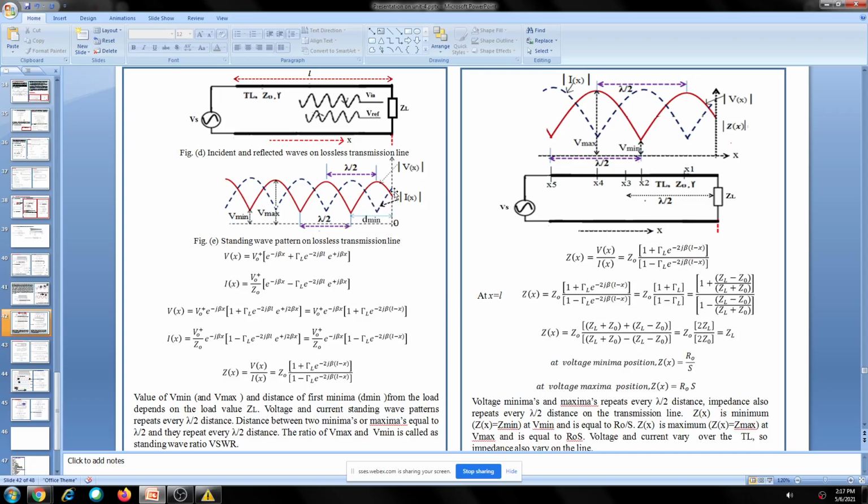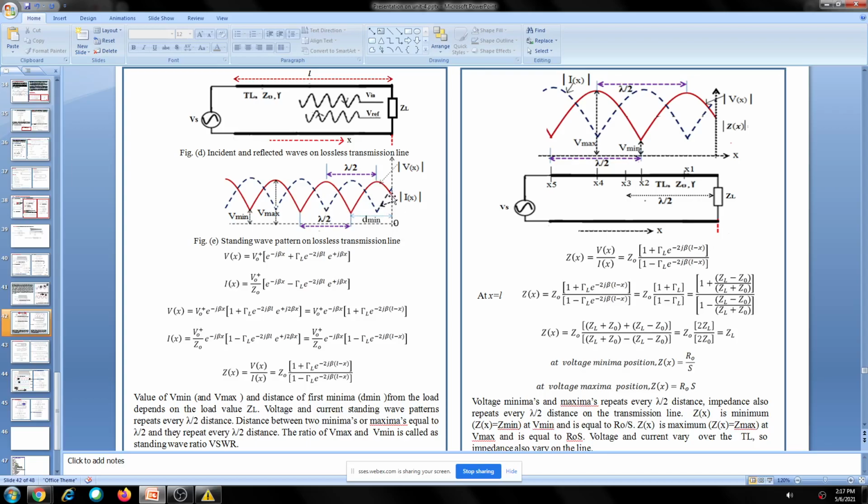As you move over here, the impedance at the load is ZL. As we saw, voltage repeats every lambda by 2 distance. This voltage will repeat again here; a maxima repeats here, a minima repeats here.